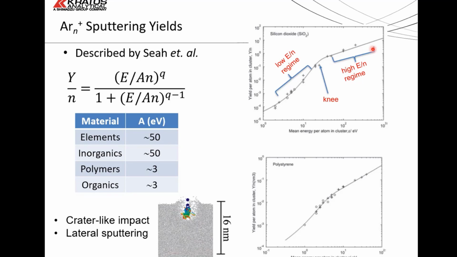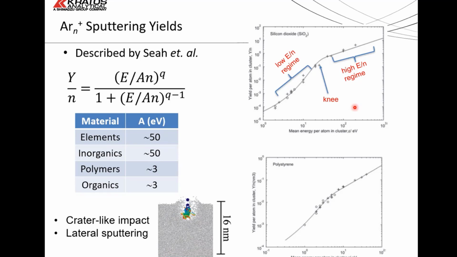The key point to take home from these two is that the silicon dioxide curve is shifted down by an order of magnitude in terms of yield compared to the polystyrene, and that reflects the higher surface binding energy of those types of material.